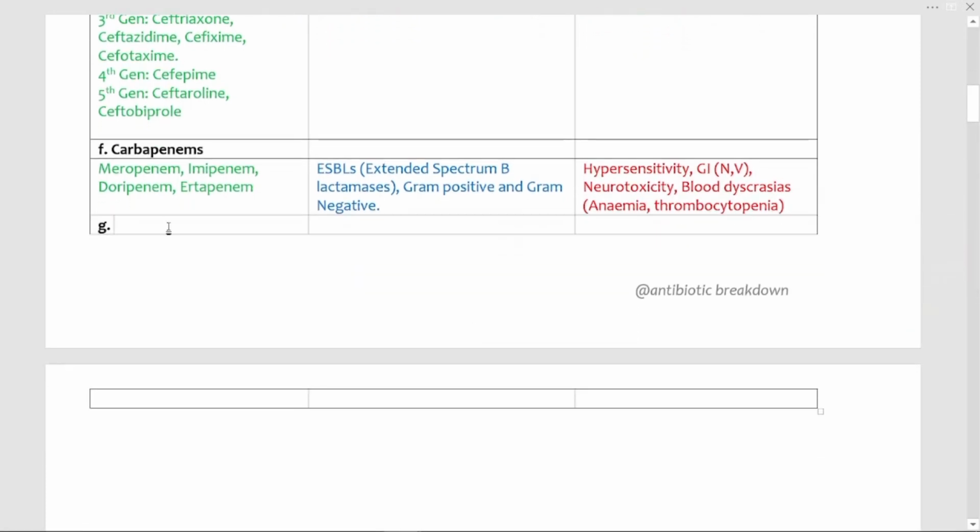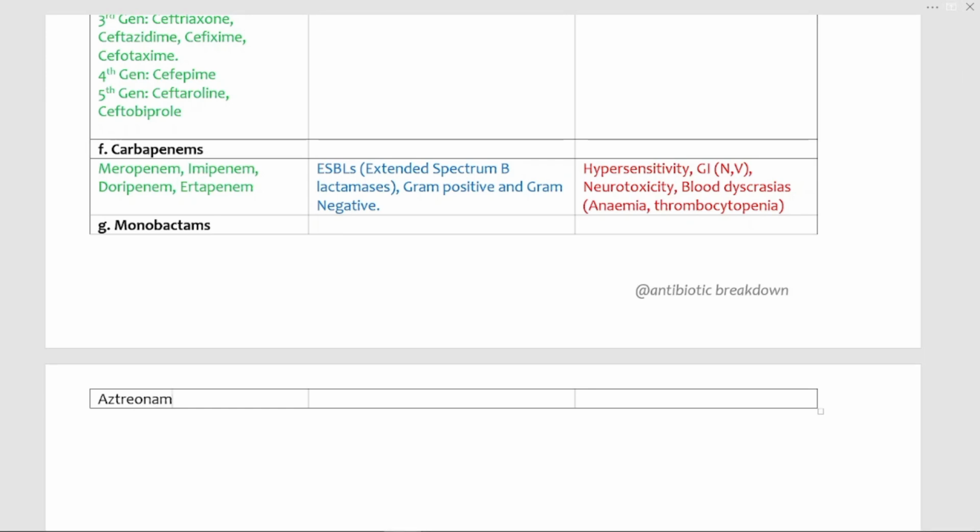Now, the last example of beta-lactam antibiotics are the monobactams. And here we have aztreonam.